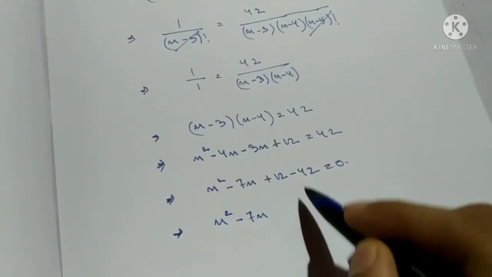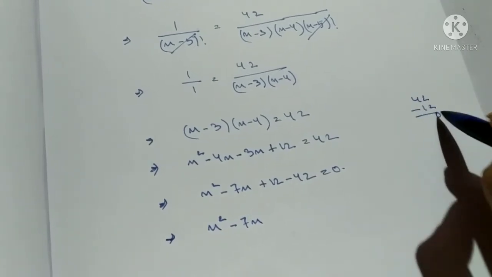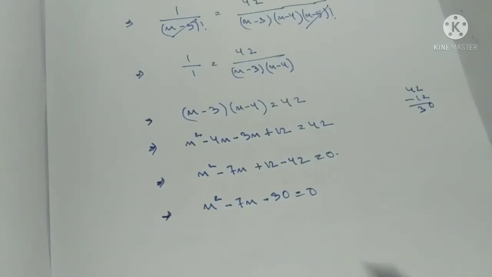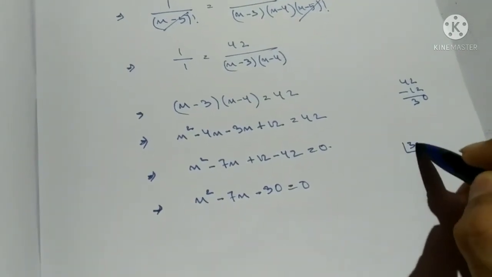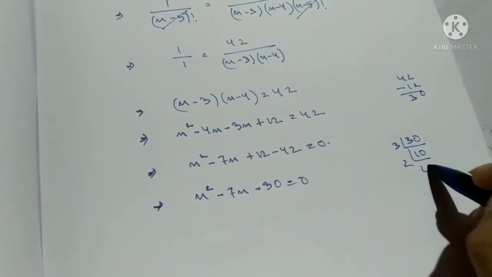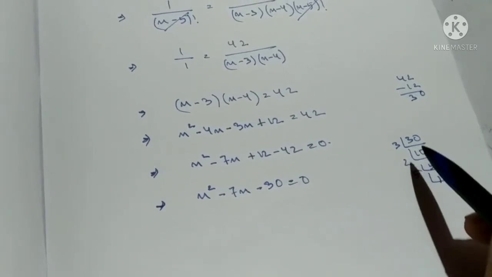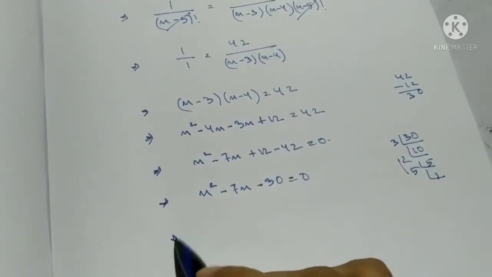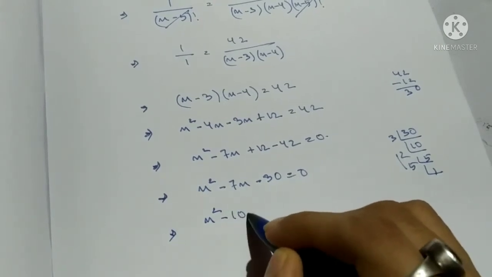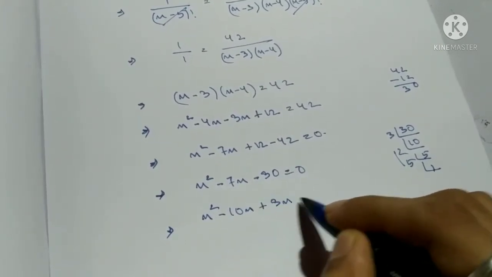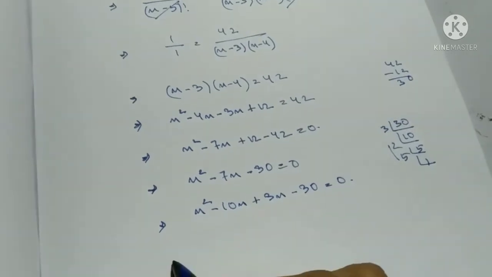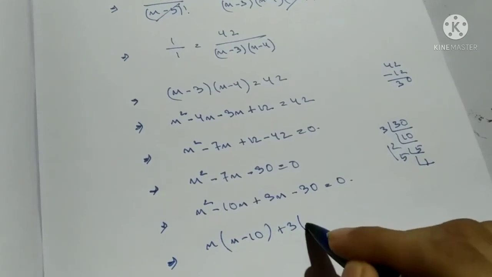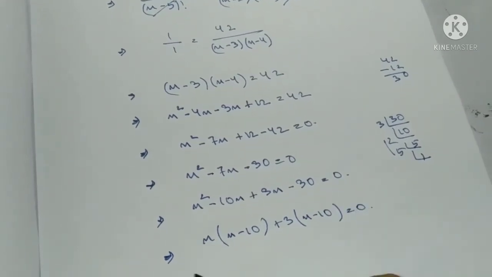n square minus 7n minus 30 equals 0. Okay, so 30, this is 3 times 10, 2, 5, 5, 1. So this is n square minus 10n plus 3n minus 30 equals 0. n common, (n minus 10) plus 3 common, (n minus 10) equals 0.